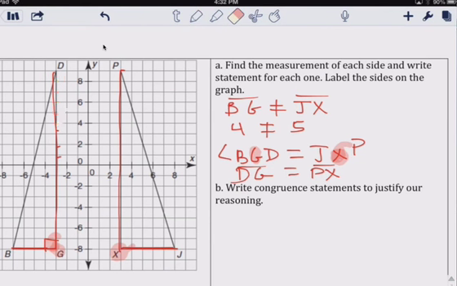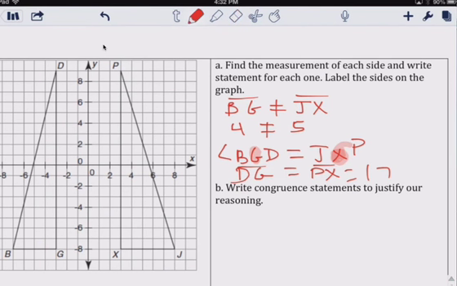Let's count. 1, 2, 3, 4, 5, 6, 7, 8, 9, 10, 11, 12, 13, 14, 15, 16, 17. So this is 9 plus the 8 here, 17. I don't have to count every time. It's too long. That's how rules come about.